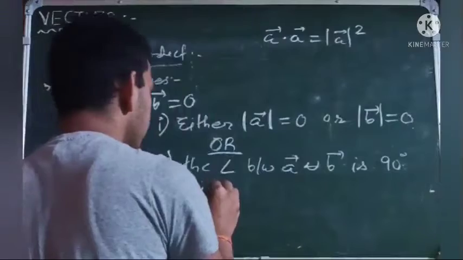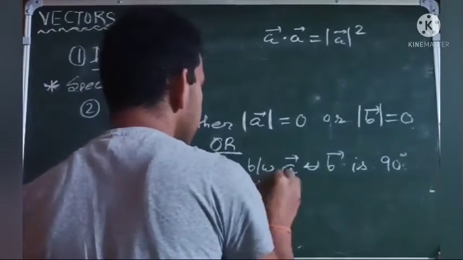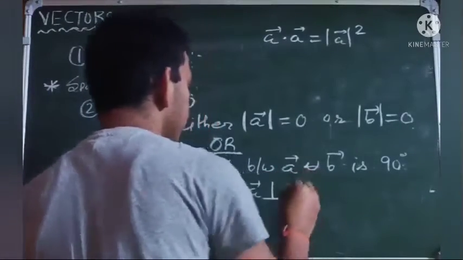That is, a vector is perpendicular to b vector.